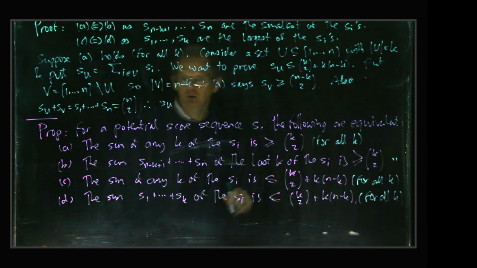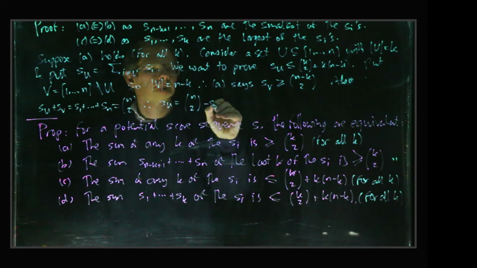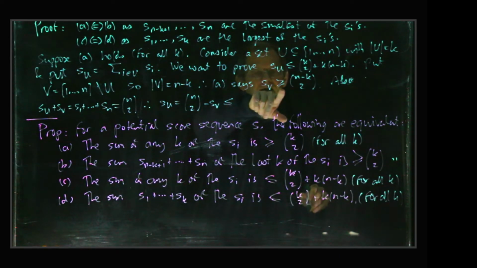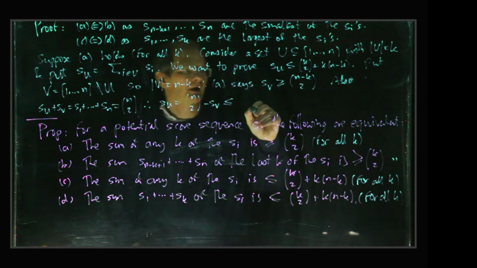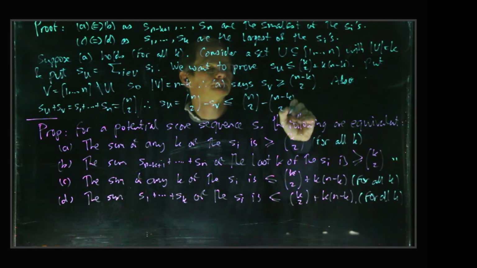So S_U is going to be n choose 2 minus S_V. Now we've got a lower bound on S_V, but then we multiply by -1, so that changes the sense of the inequality. So this is going to be at most n choose 2 minus n minus k choose 2.